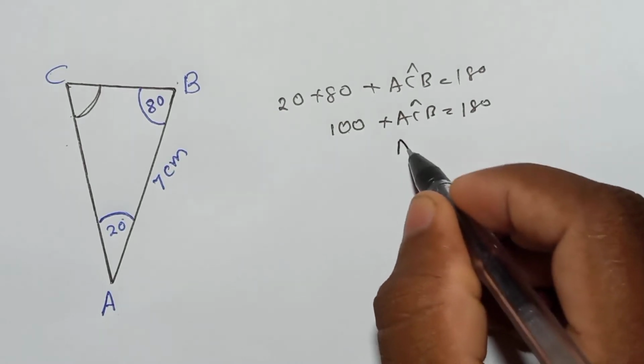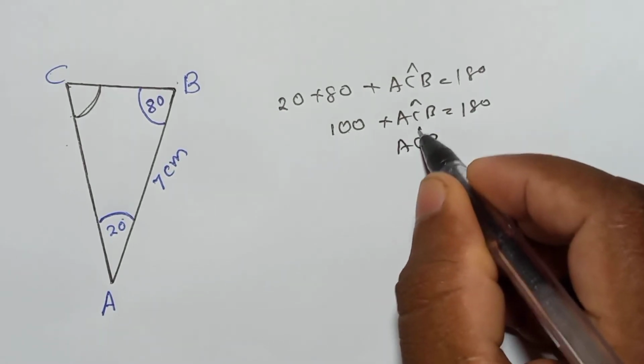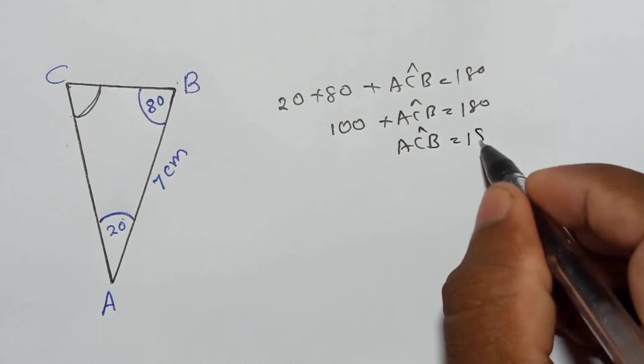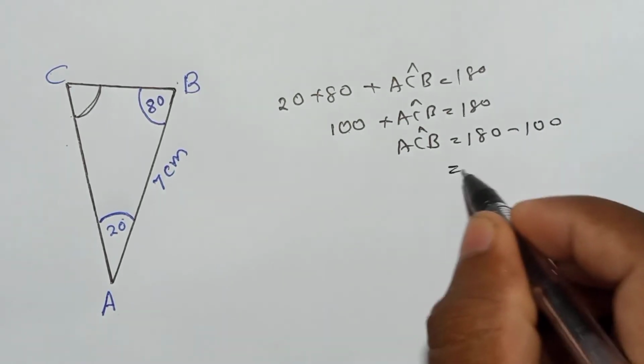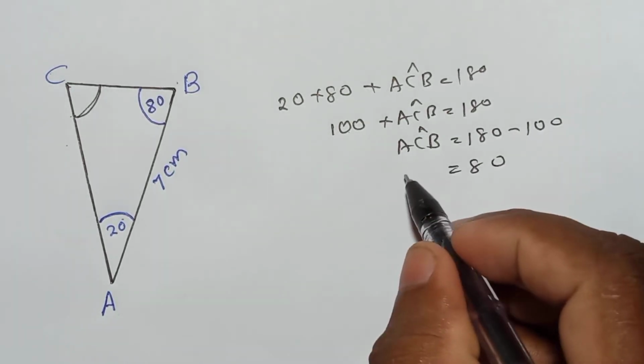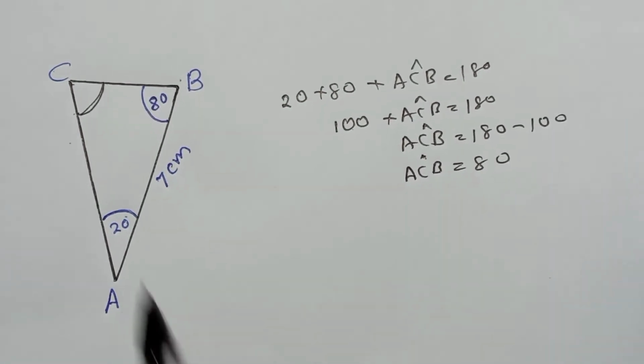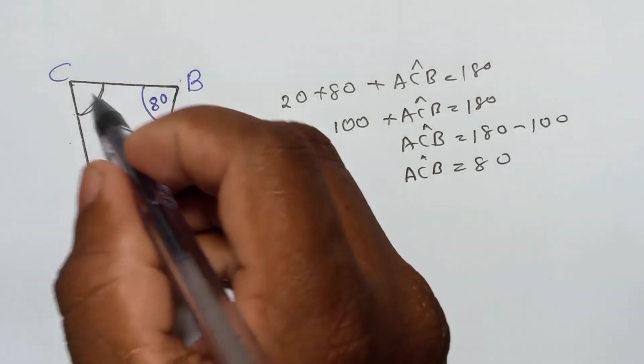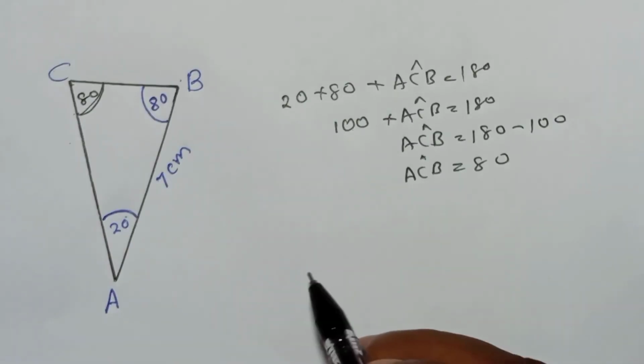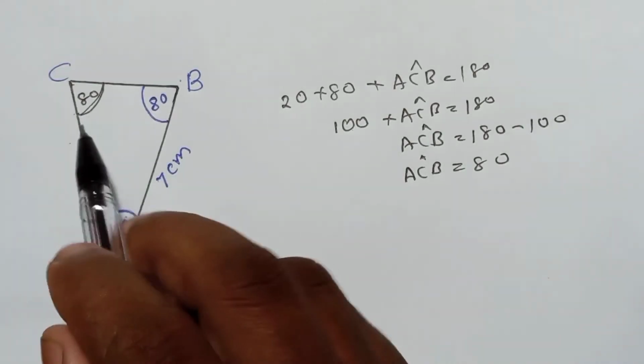I will bring the 100 degrees to this side, so it will be 80 degrees. You don't even need to do this calculation, it will come to your mind easily. This should be 80 degrees, right? This will be 80. Okay, now you can see these two angles are equal.